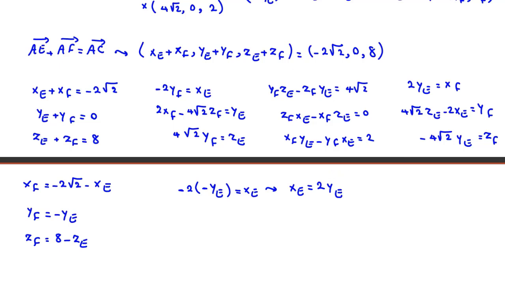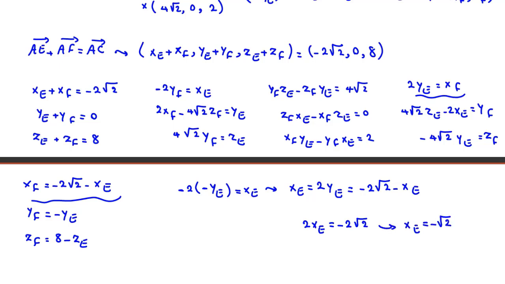Now, let's consider this one here and this one. So 2YE equal to XF. XF is what? 2√2 minus XE. So 2XE equal to 2√2. So XE equal to √2.